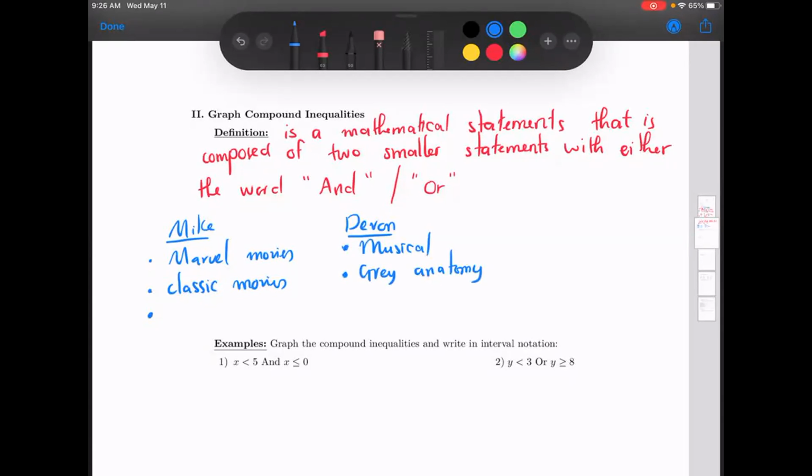I write so much math and just forgot how to spell, and the autocorrect's not helping. All right, me. I like The Office. I like Friends. I like Marvel movies.